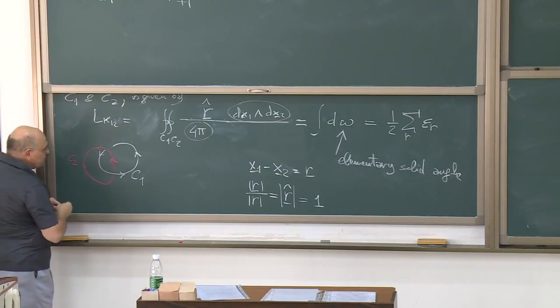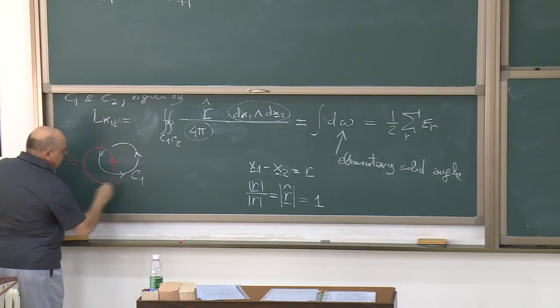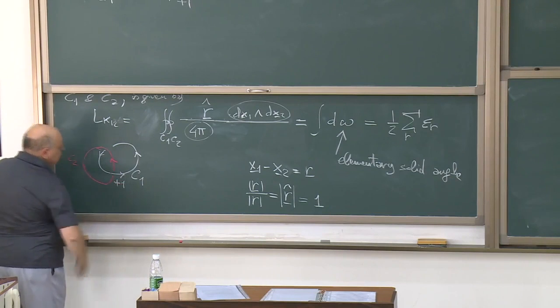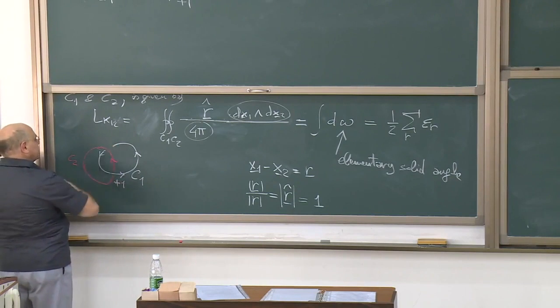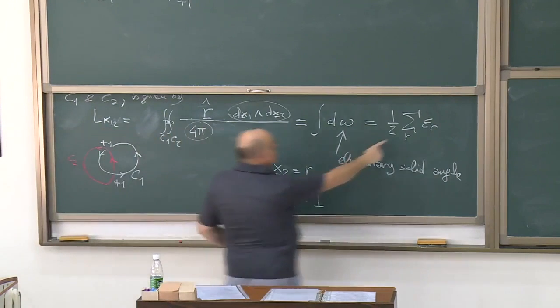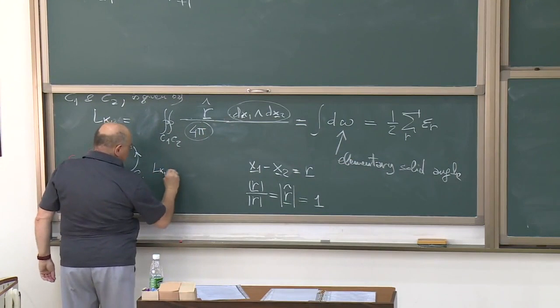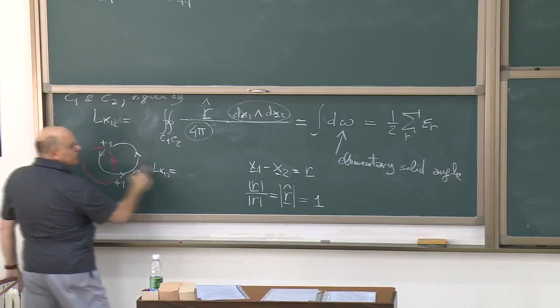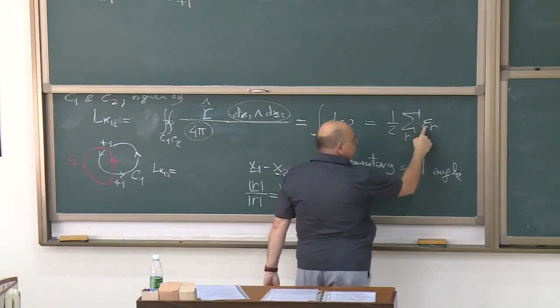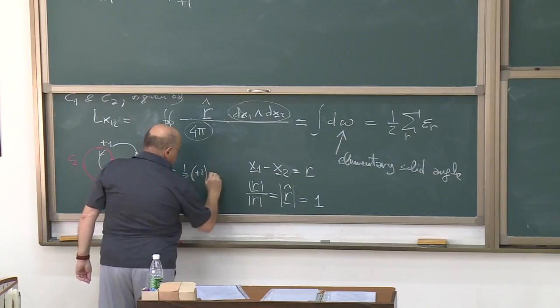And then I put my rule, and my rule says that this is a plus one, and this is a plus one, right? So I go here, and I compute for this system LK1,2. I have a plus 1, and plus 1 is plus 2, and divided by 2, a half, plus 1.